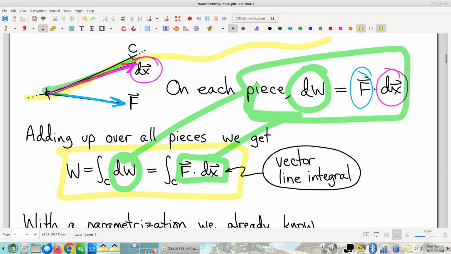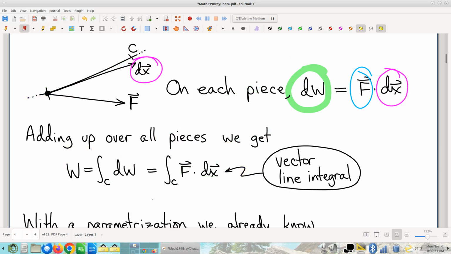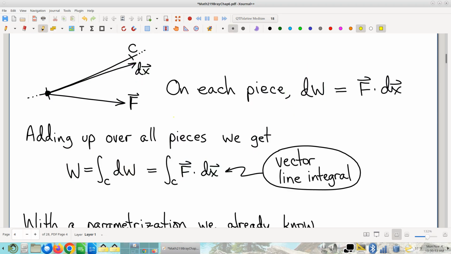But we get a very different looking result. And y'all will recall when we first started talking about line integrals, I gave this mysterious distinction. Well, it's a scalar line integral because, believe it or not, there's another kind of line integral coming, and here it is. This is what we call a vector line integral because, check it out, the differential is a vector.